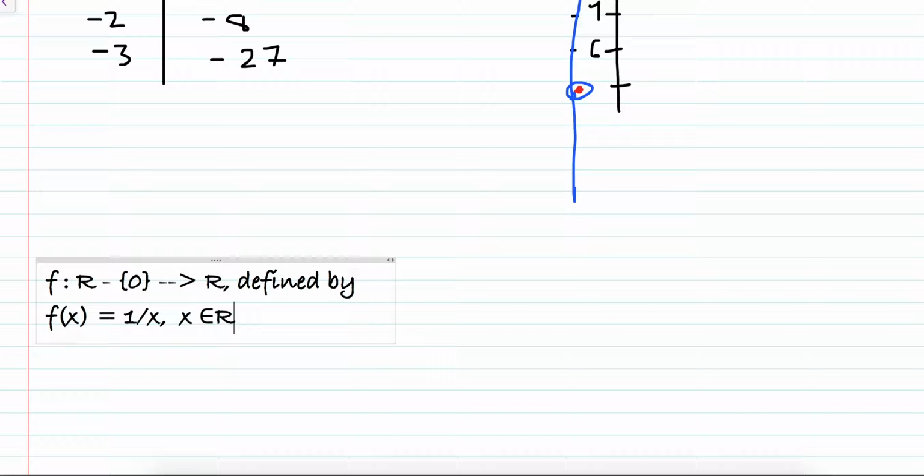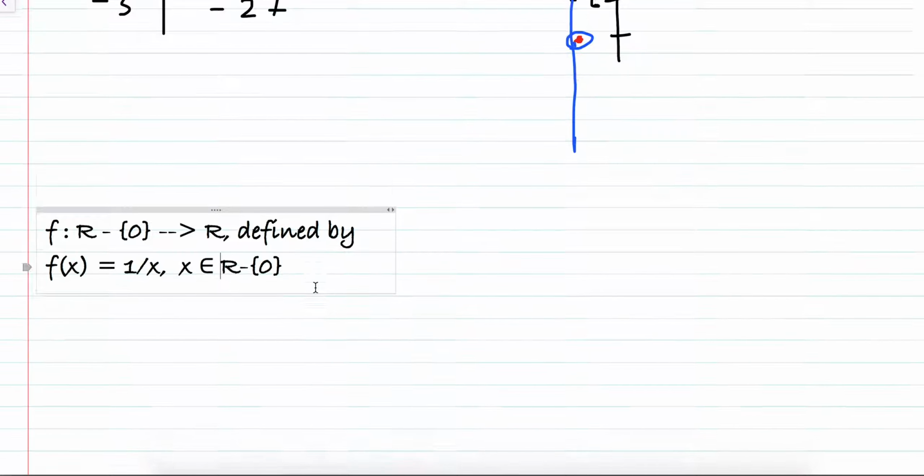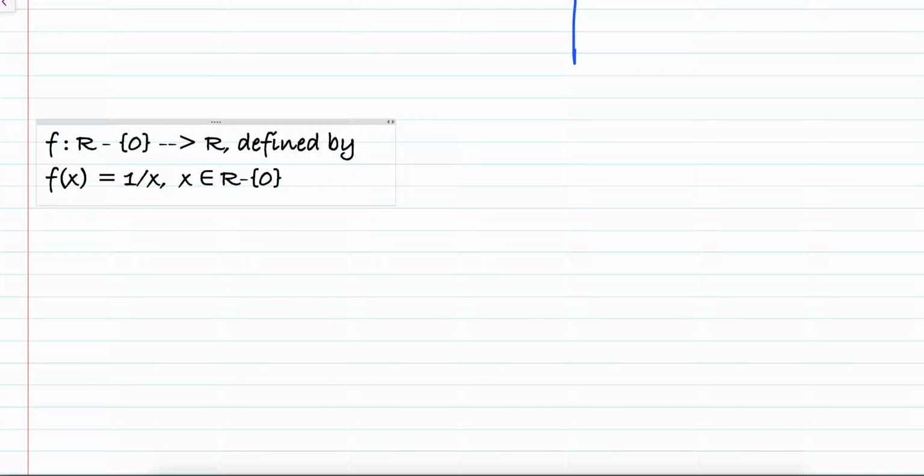So x belongs to R minus 0, because if x is 0 then this value is not defined, so x can take any value from real numbers excluding 0. So now we have to draw the graph of this.